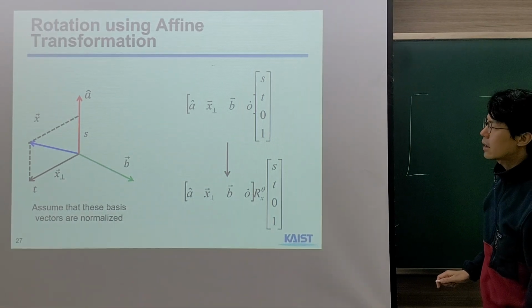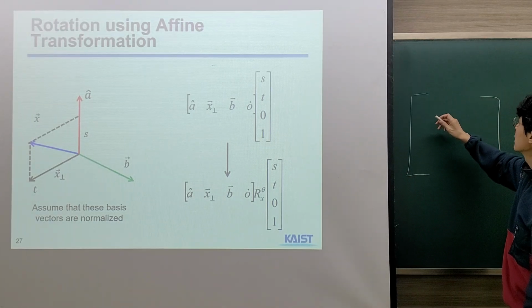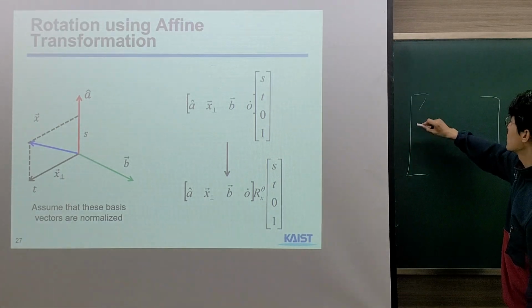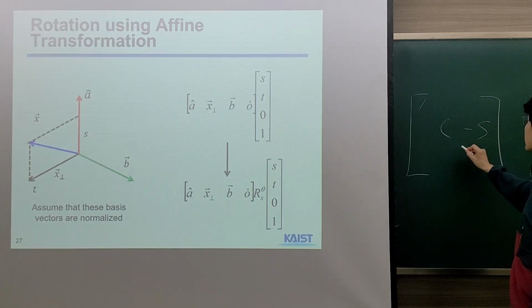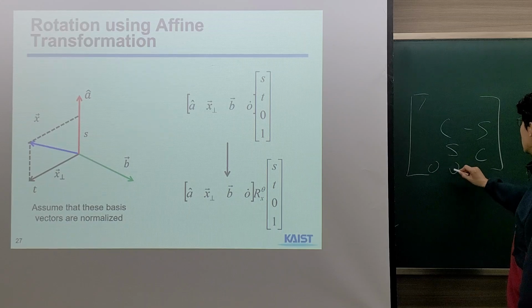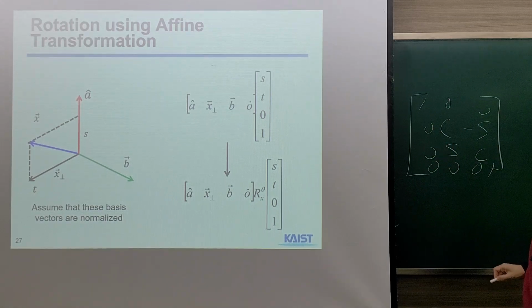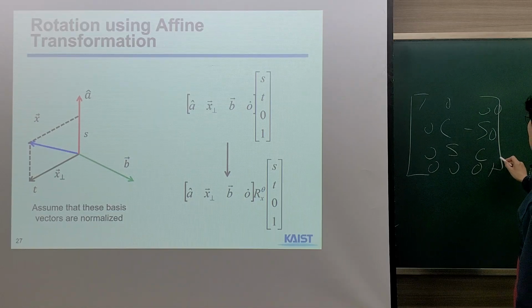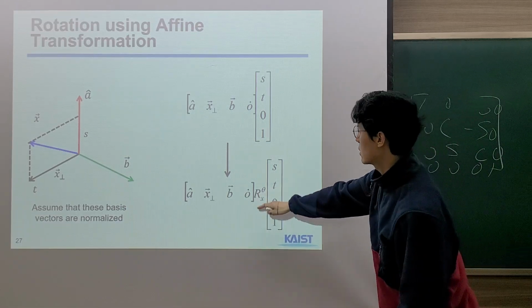Basically we maintain the rotation along the x direction, so x should be maintained here. Then this is my cosine, minus sine, and sine, cosine, and 0, 0, 0, 1, 1, 1, something like that. Yeah, this might be the actual rotation matrix along this canonical space.